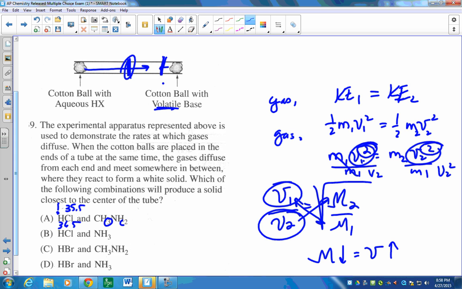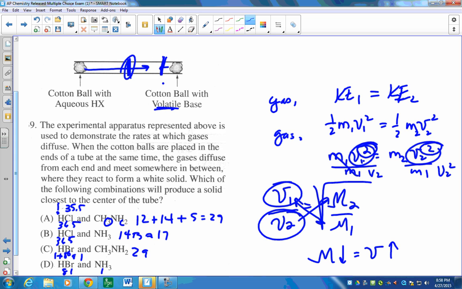I'm tired. 12 plus 14 plus 5. So 12 and 14 is 26. So this is 29. And then this would be 36.5. And then 14 plus 3 is approximately 17. And this would be 1 plus, and bromine is 79.9. So 80. This would be 81. And then this is the same gas up here, 29. And then this is 81.